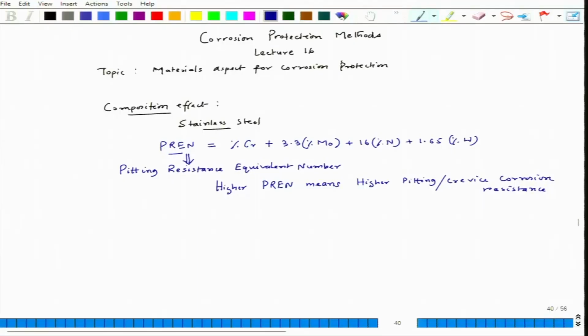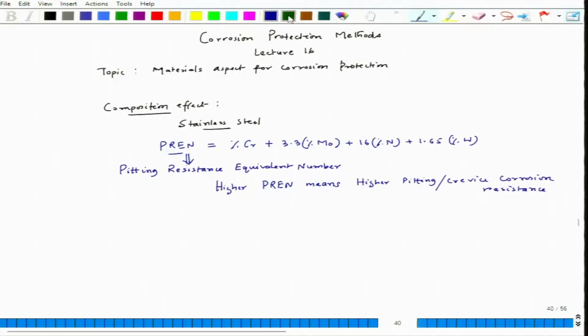Now, this is about composition effect. If we consider composition and microstructure as well as processing, at times it is very difficult to distinguish the effect of each one of them separately. One more factor that can contribute to corrosion protection is the ease of attainment of passivity.